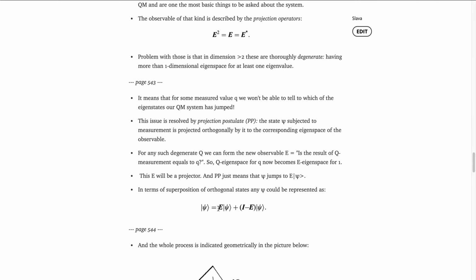You can check that if you take the scalar product of those, you will find out that it equals 0. So basically you have two orthogonal states, and our system after the E measurement will just fall into one of those.